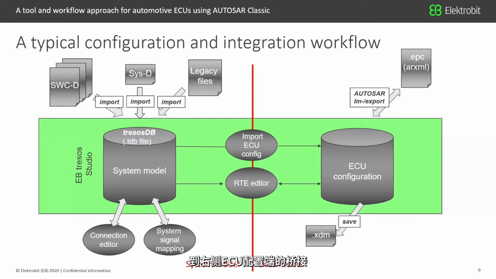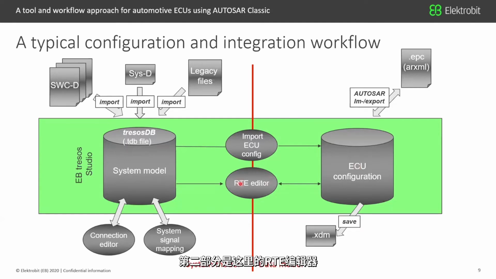The bridge to the ECU configuration side on the right is done by using the import ECU config wizard, which allows to derive directly from the system description certain parts of the ECU configuration.